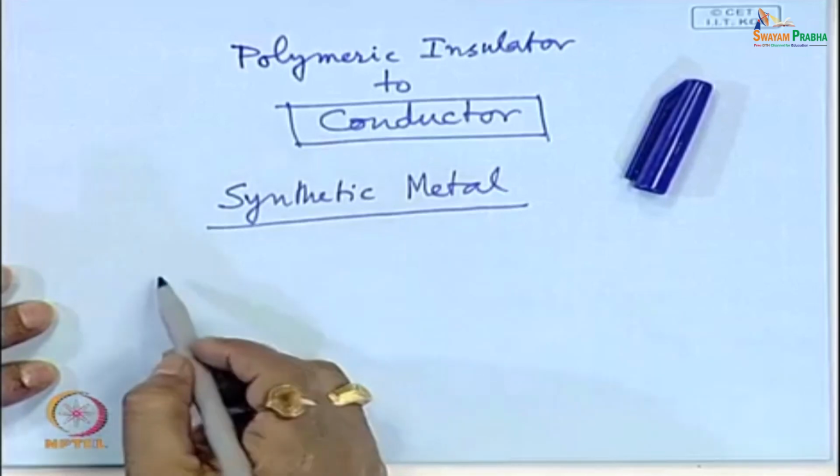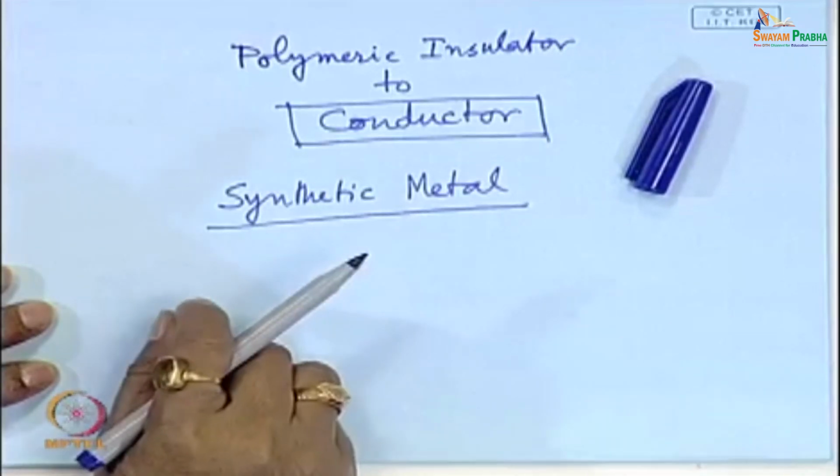What is this? Now, you see, pi electrons in molecules, these pi electrons are labile, they get delocalized, pi electron clouds. Now, if these pi electron clouds can be exploited for such conduction, then we can get electrical conductivity in conducting polymers.